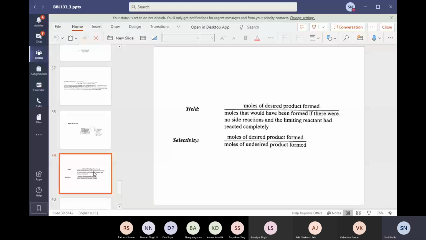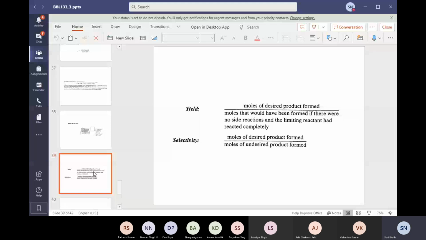I don't mind if you define it with respect to the fresh feed that is fed. Let's get the term right. The numerator of the yield remains the same as above, as here in the slide, but the denominator is the moles of limiting reactant that is fed, moles of fresh limiting reactant in the fresh feed.